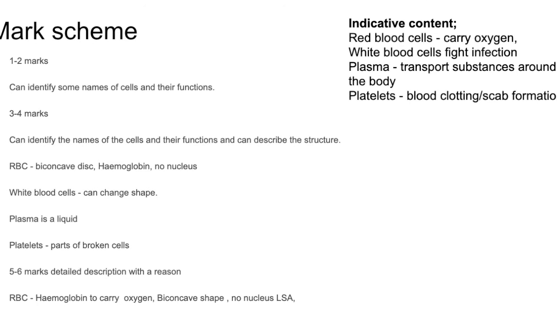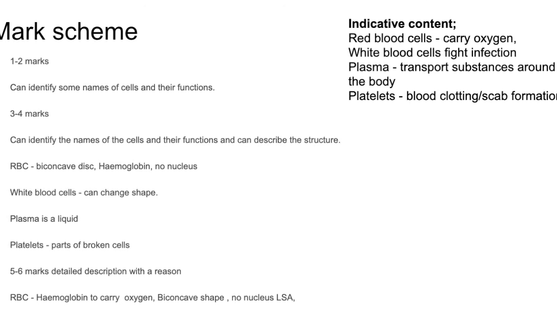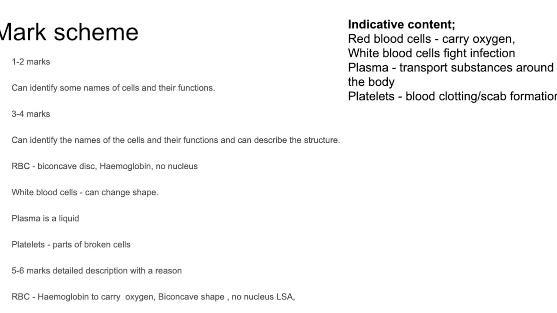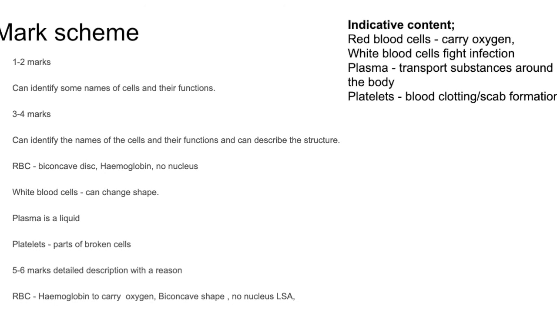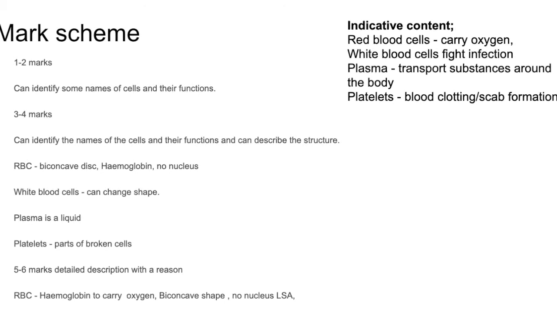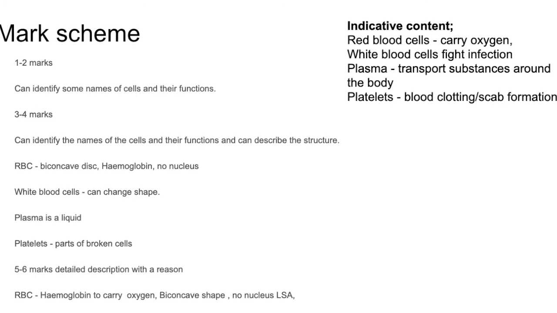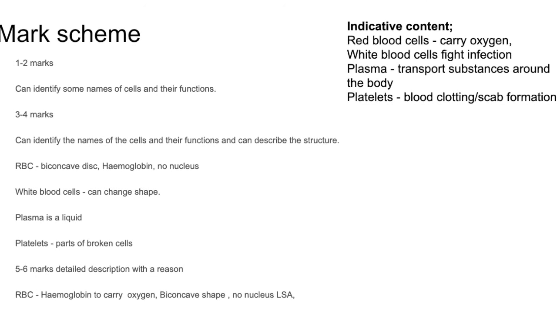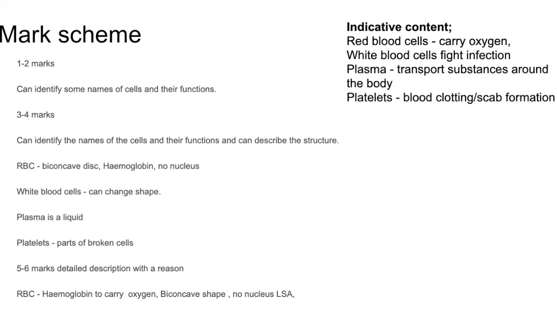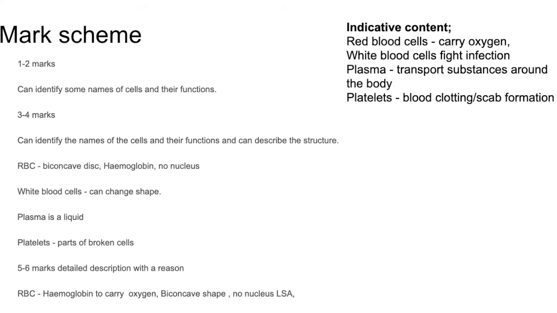If you've got the names of all the cells and their functions and described their structure in a bit more detail, you see RBC, red blood cells, they have that biconcave disc shape. That's a keyword there to get you those extra 3 or 4 marks. Haemoglobin is part of the structure, noting that they don't have a nucleus. And for white blood cells, if you've written that they can change shape.